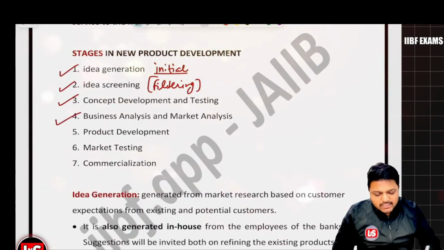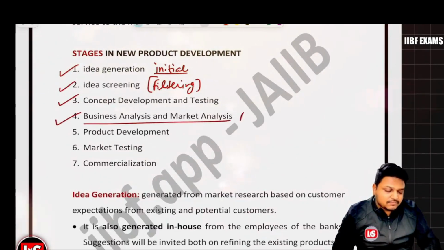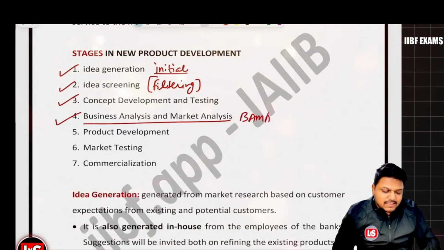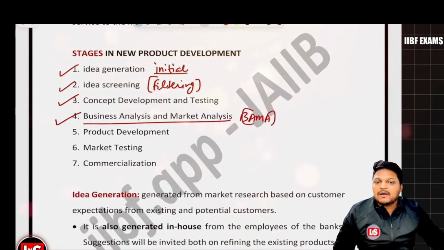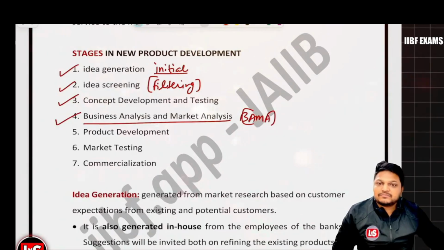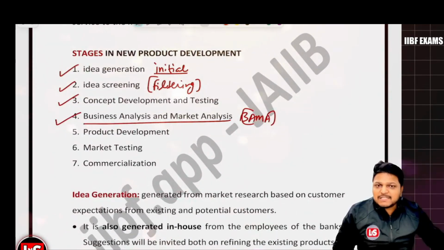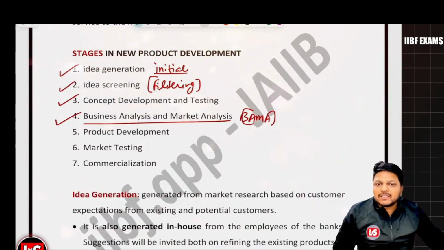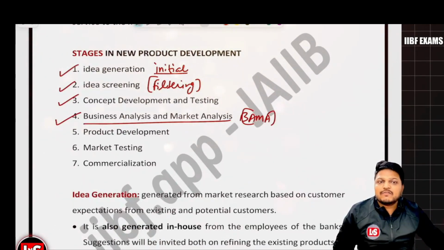And the fourth one is BAMA, the business analysis and market analysis. At this stage particularly, we have to check the financial and commercial viability of the product.